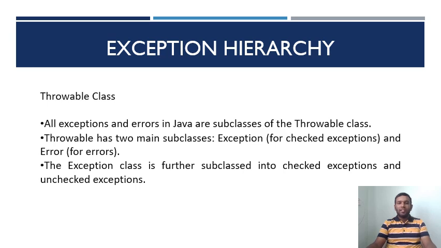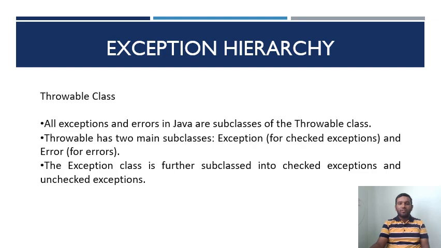The Exception class is further subclassed into checked exceptions and unchecked exceptions. As we saw in the previous slide, the two main types of exceptions are the checked exception and the unchecked exception. This is about the Throwable class in exception hierarchy.